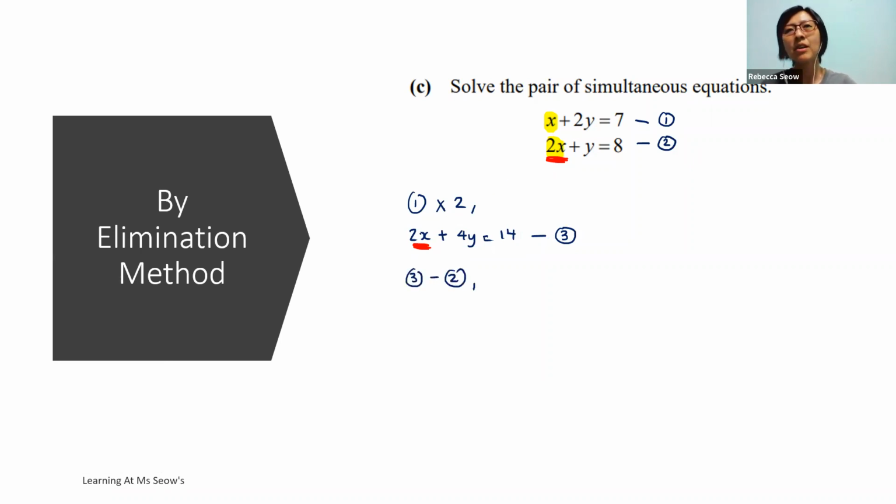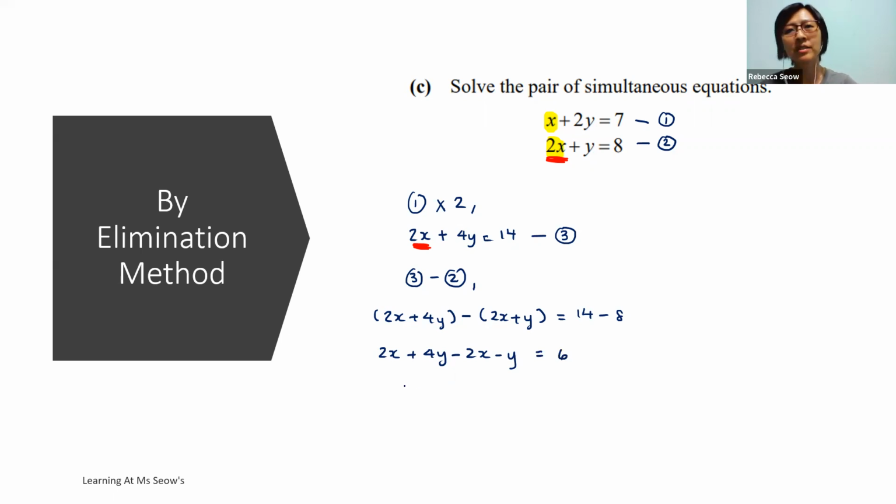On the left-hand side of equation 3, we have 2x plus 4y, and we take away the left-hand side of equation 2, that will be 2x plus y, and on the right, 14 take away 8. When we remove the brackets on the left-hand side, it will look like this: minus 2x minus y equals 6.